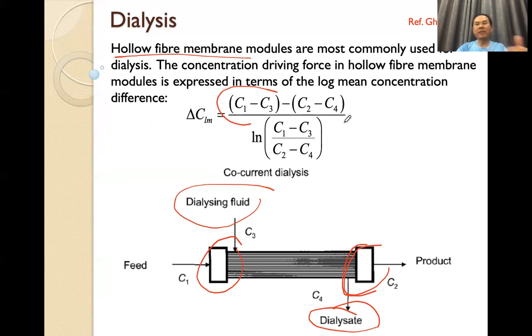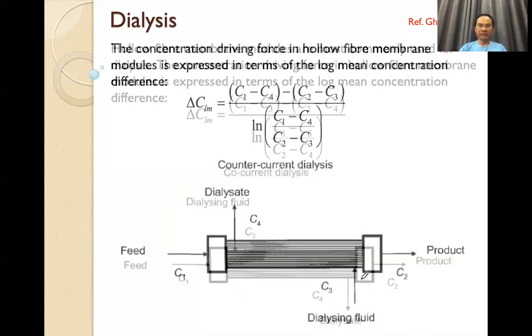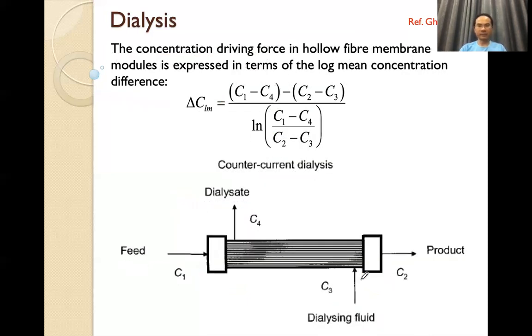The delta log mean is divided by the log of delta this side and delta this side. You can use the delta log mean for that case. This is the driving force in a hollow fiber membrane expressed in terms of log mean.